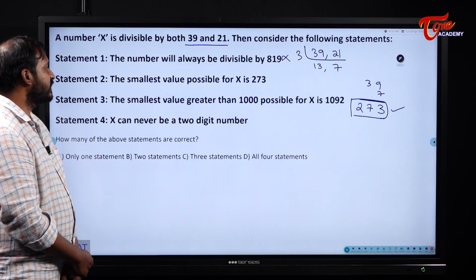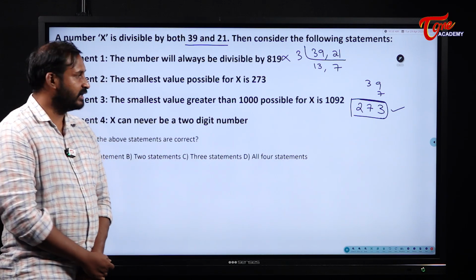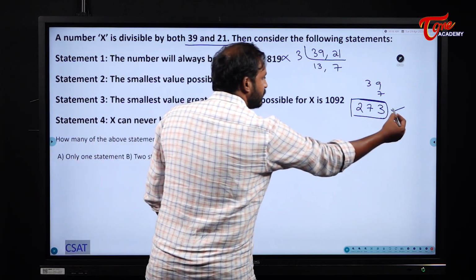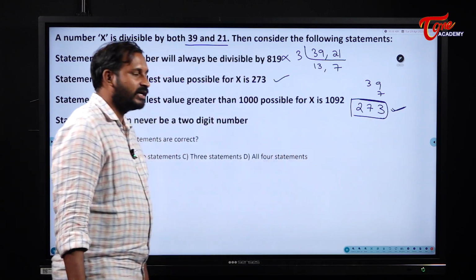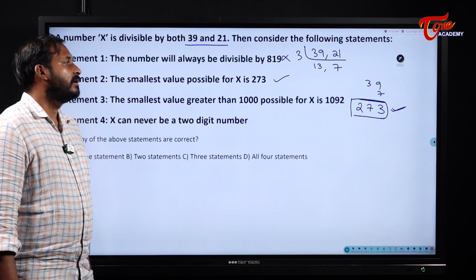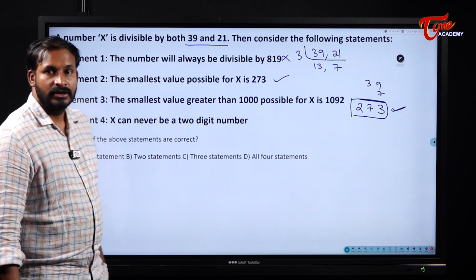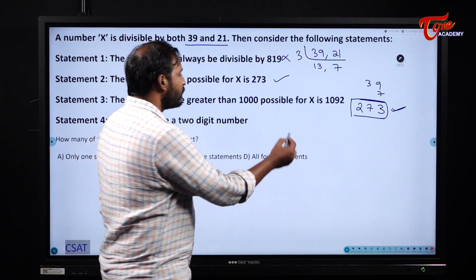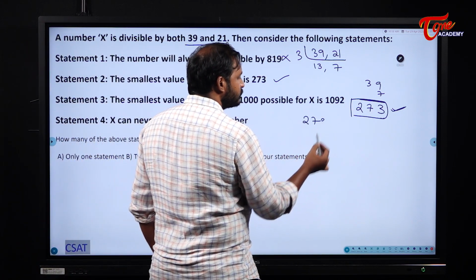Now, statement 2. The smallest value possible for x is 273. Yes, 273 is the smallest value. Below that, there is no other choice. The smallest value greater than 1000 possible for x is 1092. Let us see.